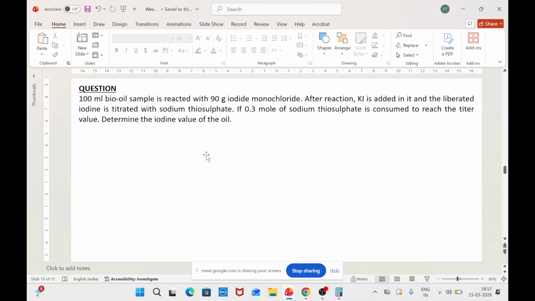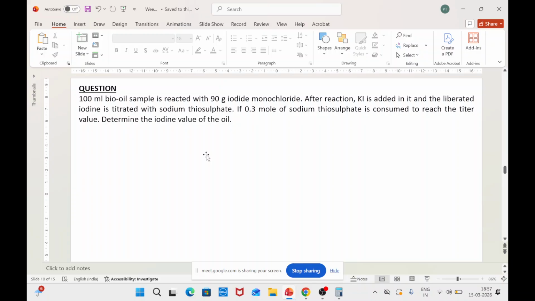This is something that we discussed while talking about the characteristics of bio oil, that is cloud point, pour point. I also asked one question: which of the following will occur at a higher temperature, the cloud point or the pour point? If you remember that concept, there we discussed the iodine value.